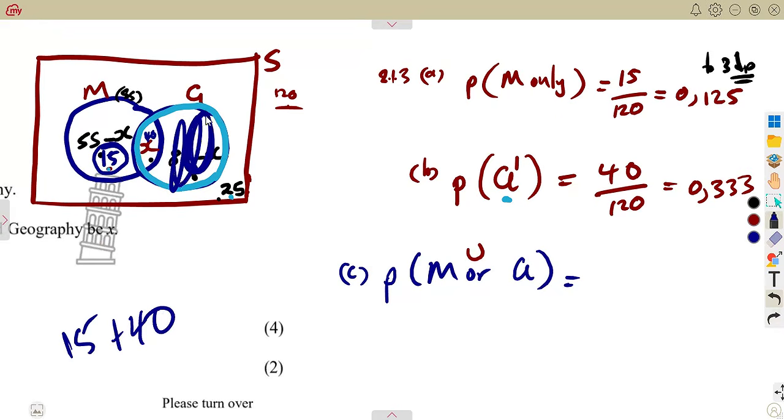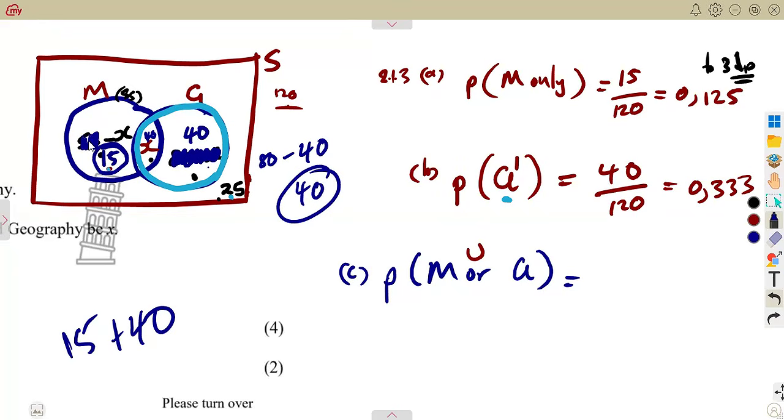We have this part of G only, for geography only, represented by 80 minus x. And what is 80 minus x? It's 80 minus 40. Our x is 40. Remember, that was going to give us 40.